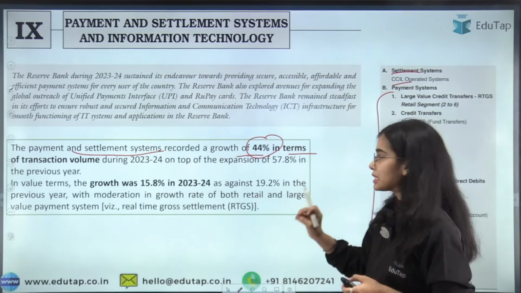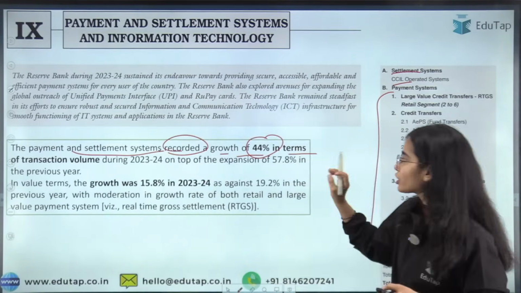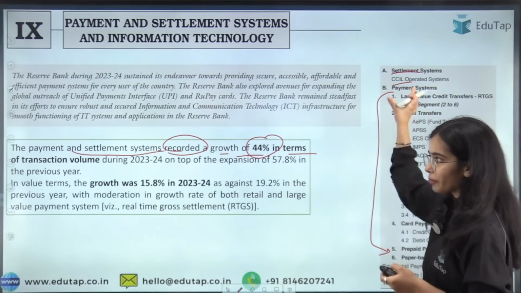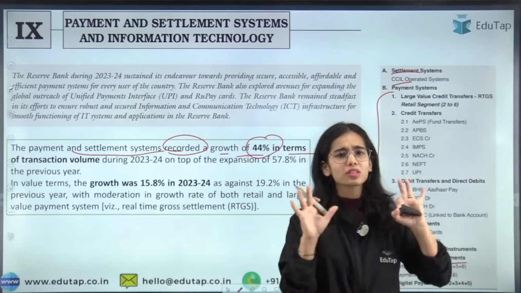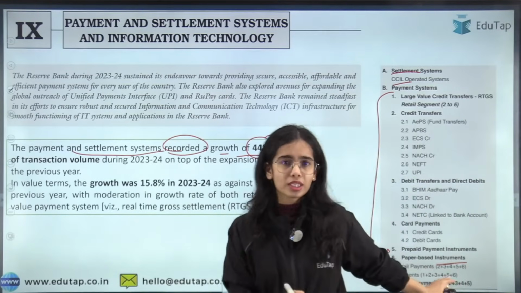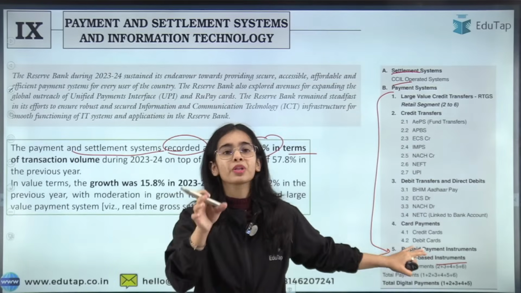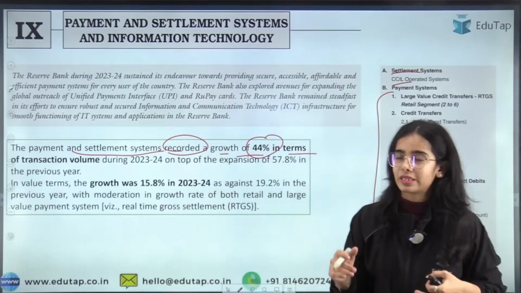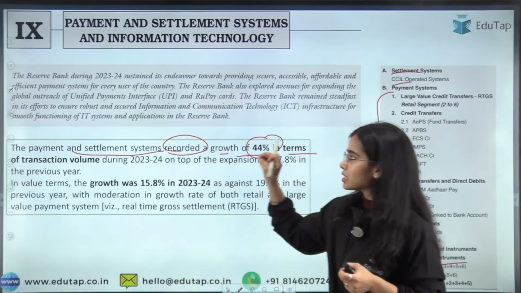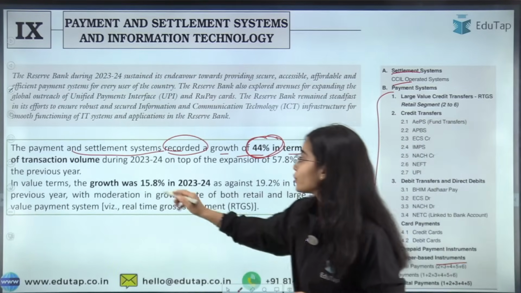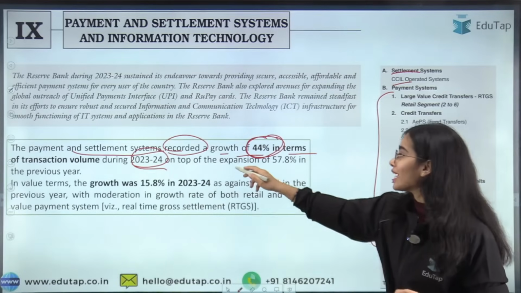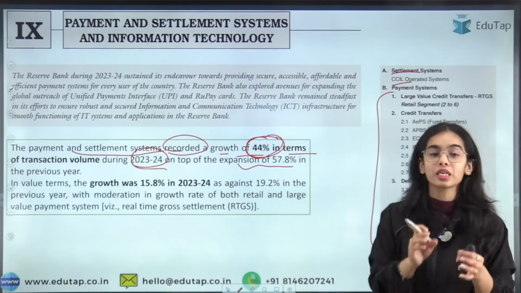So payment and settlement systems recorded a growth of 44%. So this total payment and settlement system has recorded a growth. There are various numbers that are given here, but that is not required. I have only brought this for you to understand what is payment system and what is digital payment. Okay. So the payment and settlement systems recorded a growth of 44% in terms of transaction volume during 2023-24, on top of the expansion of 57.8% in the previous year.